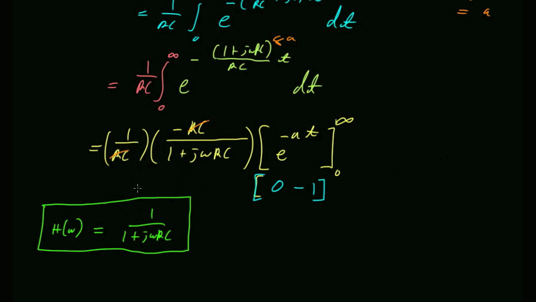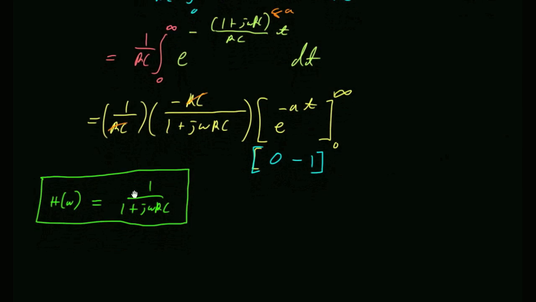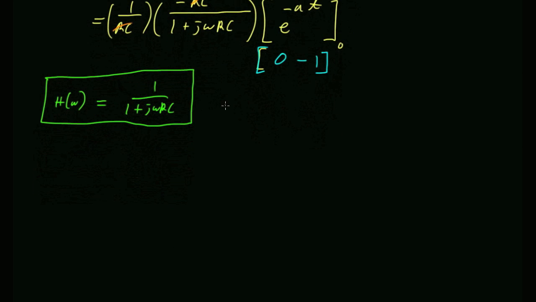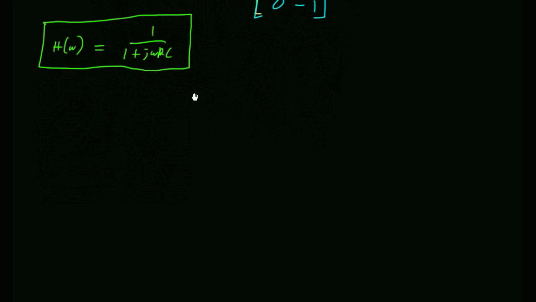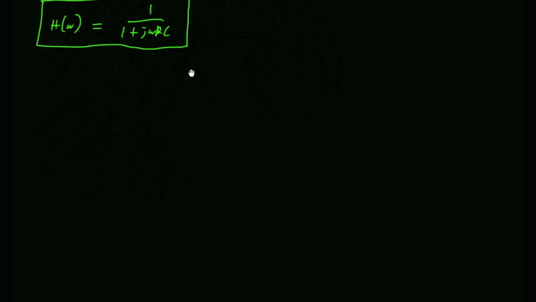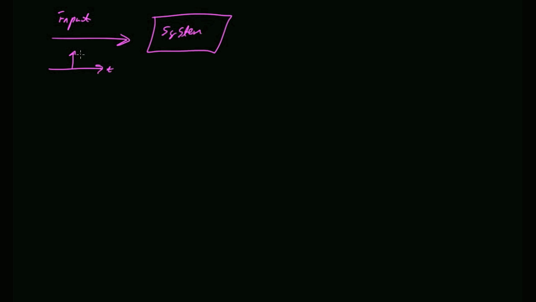So the input in this experiment, so here's my system, okay? My input was an impulse. From a frequency perspective, what does an impulse look like with respect to frequency?